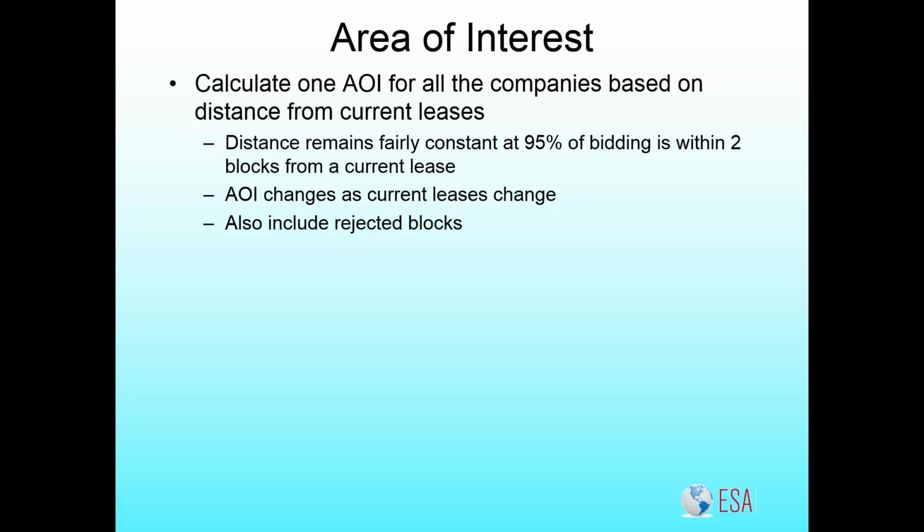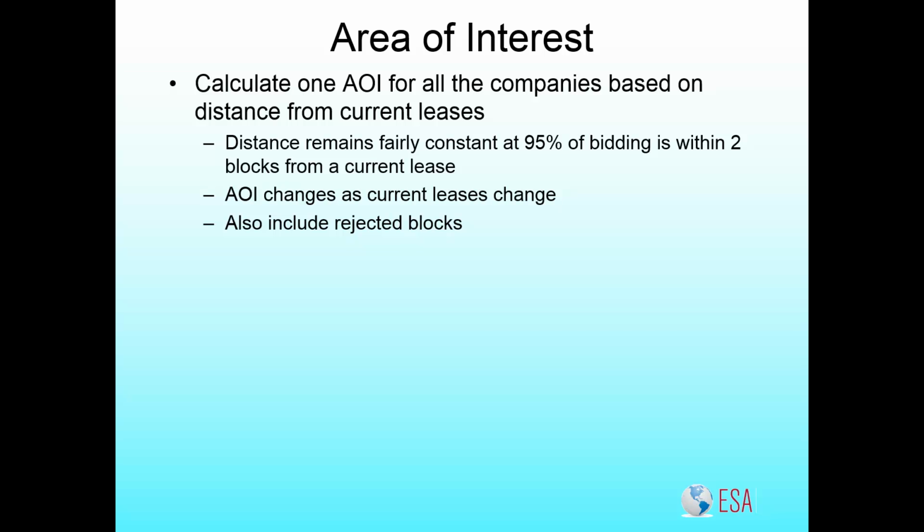So the area of interest, like I said, we don't calculate things way out on the frontier, mainly because we don't have good data. The specific way we calculate the area of interest is we looked at how far companies were bidding away from existing leases. And we found something fairly interesting: almost always 95% of the bidding is within 2 blocks of a current lease.